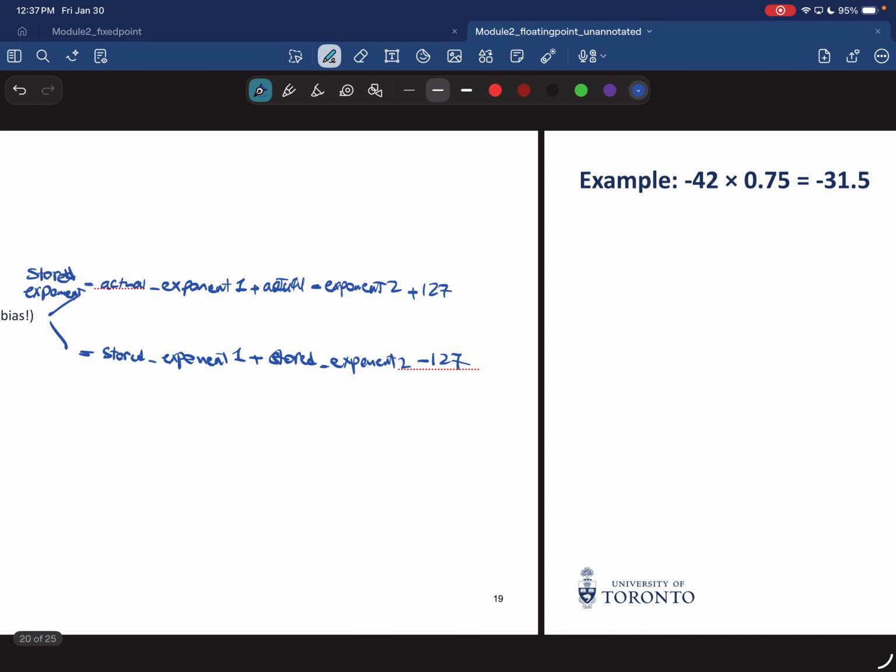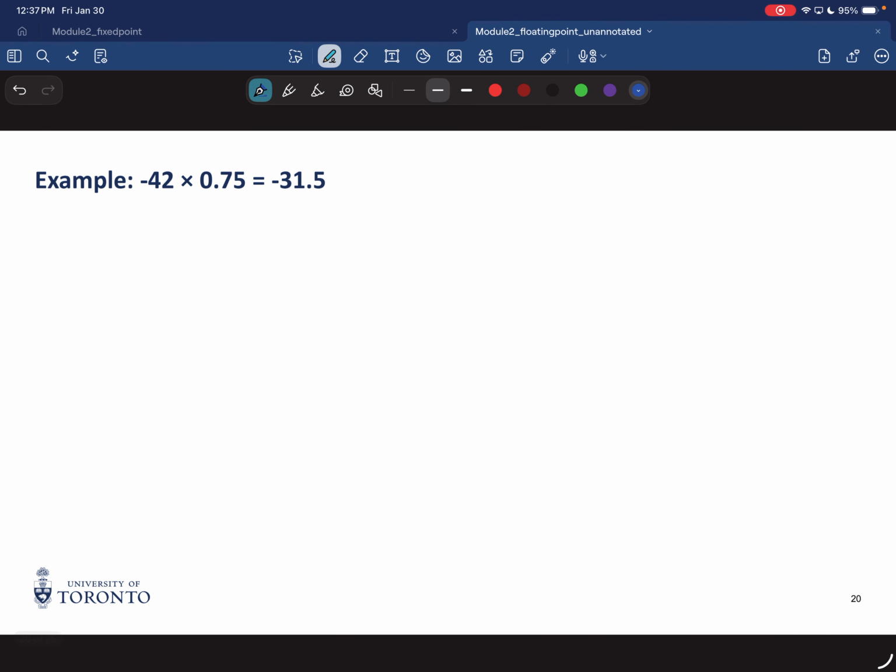So let's look at it in this example. Again, we're going to do minus 42 multiplied by 0.75.